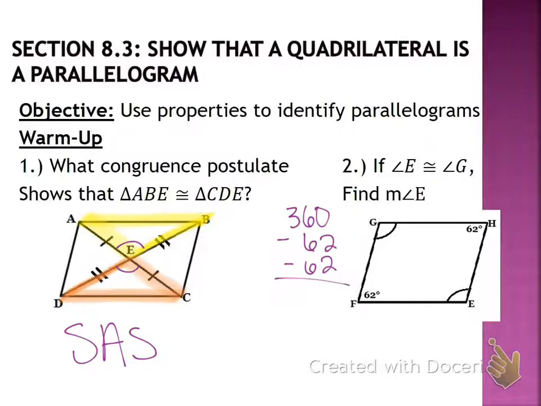If we subtract off the angles we do know, what do we get? 236. And what do you think we need to do to that number? Very good. We need to divide that by 2 to split it between the two angles that are left over. If they're going to be congruent, we should split this evenly between them. And what would we get?